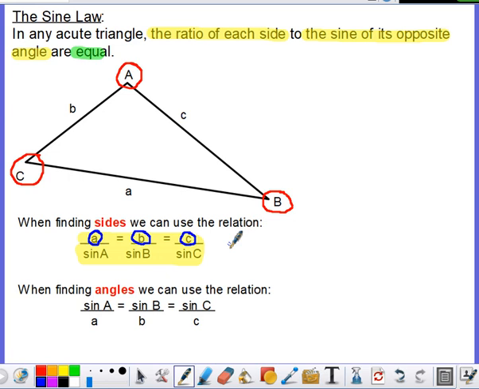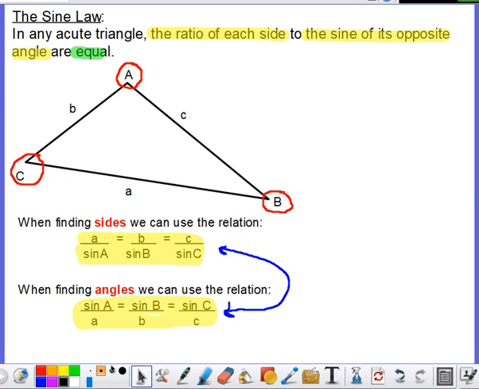So we might as well do that from the beginning with the sine law to make our life a little bit easier. When you're solving for an angle, we put the angles on top. The capitals, right? That's sine A over A. All these capital letters represent the angles. You'll notice these are the exact same thing, just flipped, and we remember from similar triangles that we're allowed to flip ratios like that.